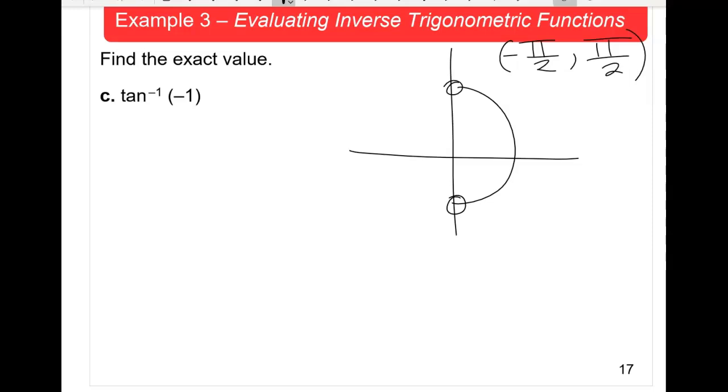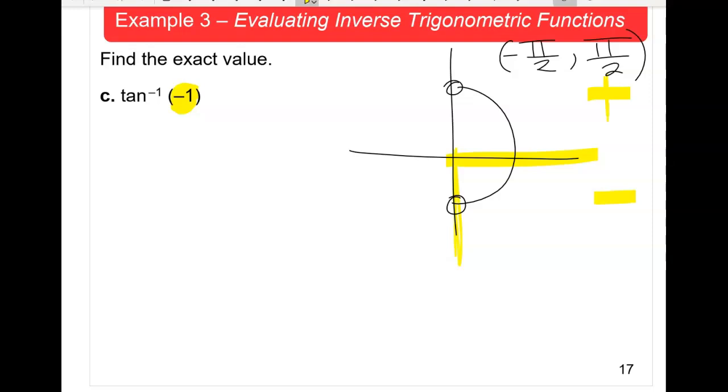Tangent is positive in quadrant 1 because both x and y are positive. If you divide them, you get a positive number. But in quadrant 4, tangent is negative because you have positive x's, negative y's. So when you divide those, you get a negative solution. Here we're getting a question of a negative tangent ratio. And so that tells me that we need to stick with quadrant 4.